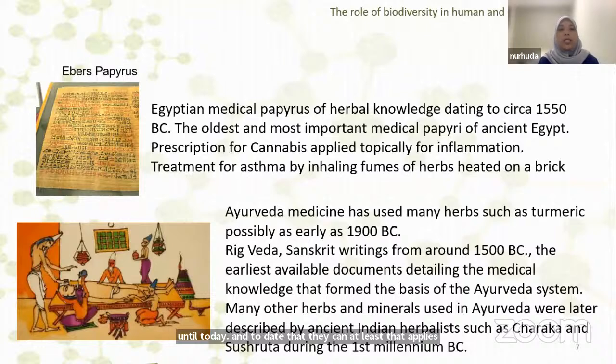There is not only a list of medicinal plants, there are also some recipes for traditional medicine preparation. This is one example I bring for you. They used a mixture of herbs, put it on a brick, and then heated up the brick, so the fume from the herbs they inhaled for some condition.